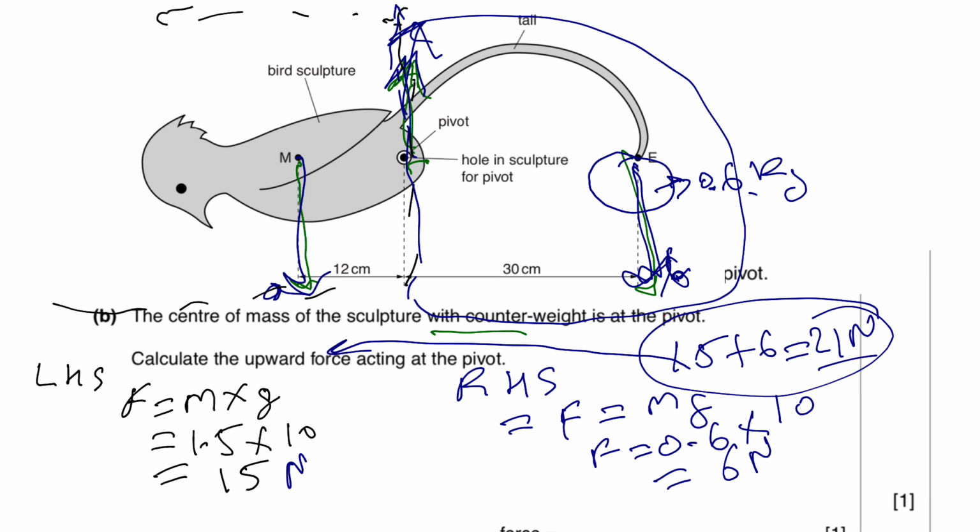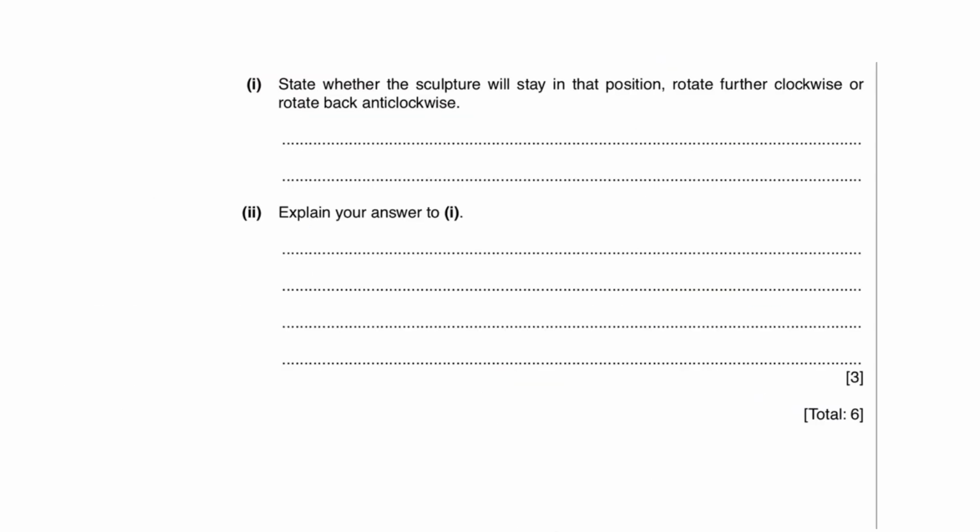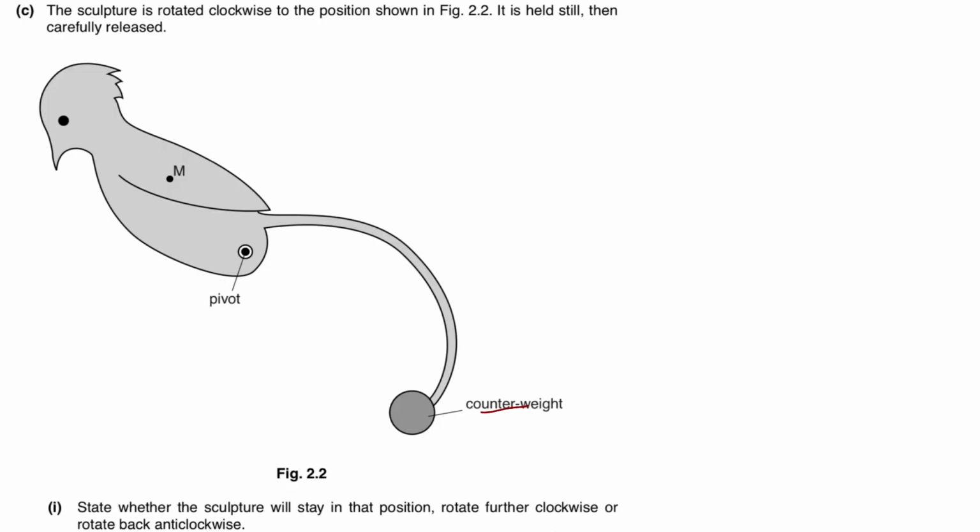Now let's do the third part of the question, part C. This is actually the theory part. The sculpture is rotated clockwise to the position shown in figure 2.2. It is held still, then carefully released. They ask us to state whether the sculpture will stay in that position, rotate further clockwise, or rotate anti-clockwise.